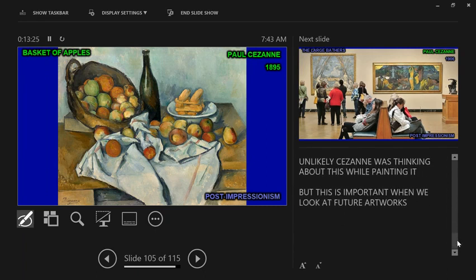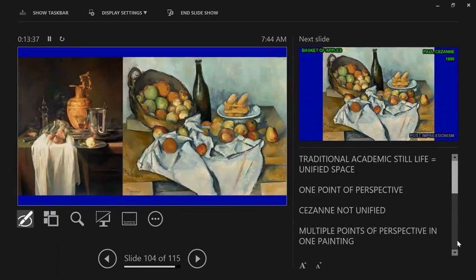All right, does everybody understand this radical break in how to see things? So this is a huge shift in thinking. It's not just I'm going to paint a pretty picture of a still life. It's beginning to be, how can I see this still life differently? How can I portray it differently?